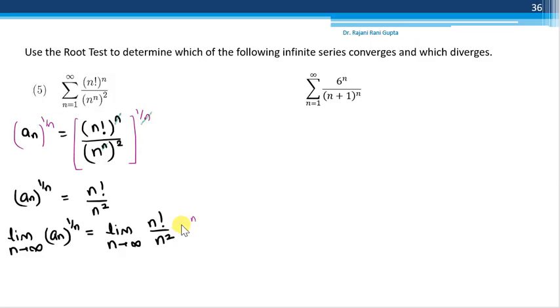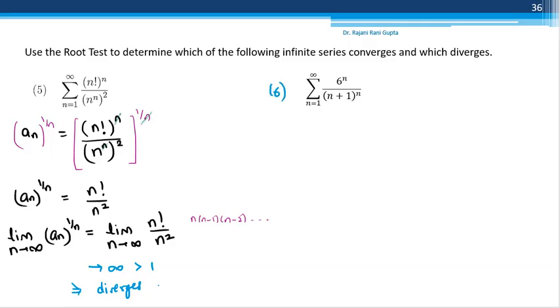It has the terms n minus 1, n minus 2, and so on, and in the denominator you have only n squared. So you'll see that this limit approaches infinity, which is greater than 1. Hence, this series diverges.